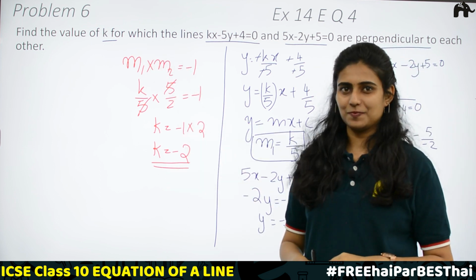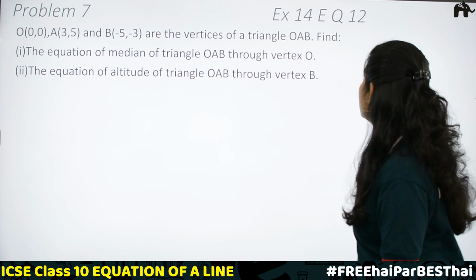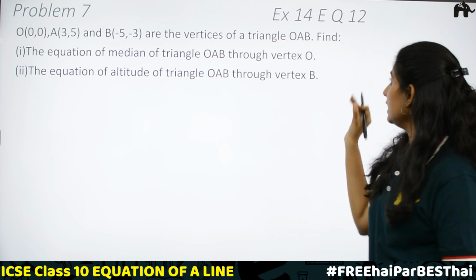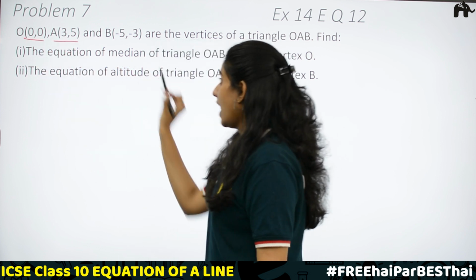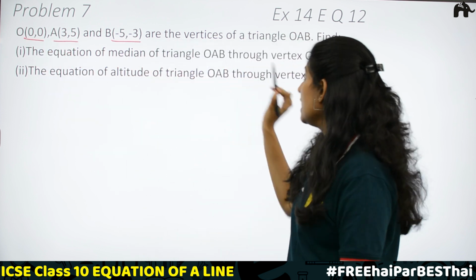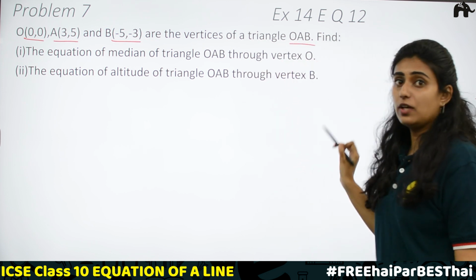Understood this? Next, problem number 7, question 12 of exercise 14E. O(0,0), A(3,5) and B(-5,-3) are the vertices of a triangle OAB.